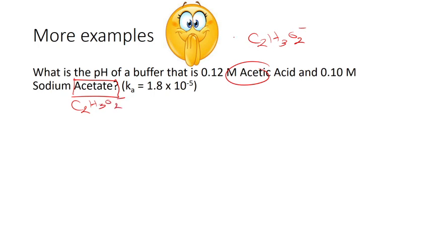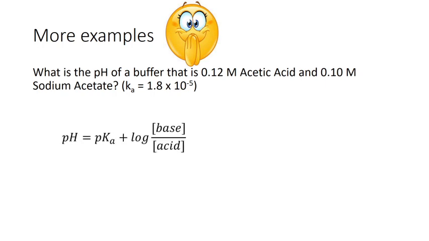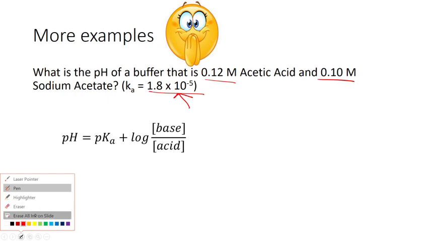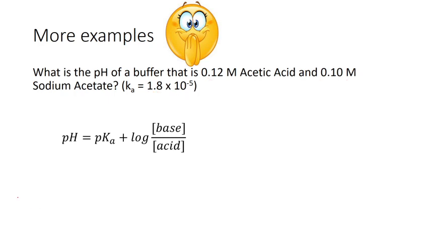So here we have our acid and our conjugate base, and that means when we have both together, we have a buffer. We're going to use the Henderson-Hasselbalch equation here because the Ka value is definitely less than 5% of our concentrations, so we can use our good friend Hasselbalch.